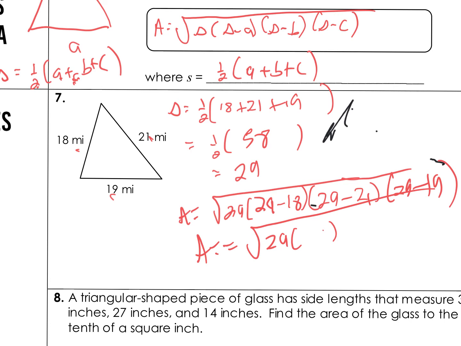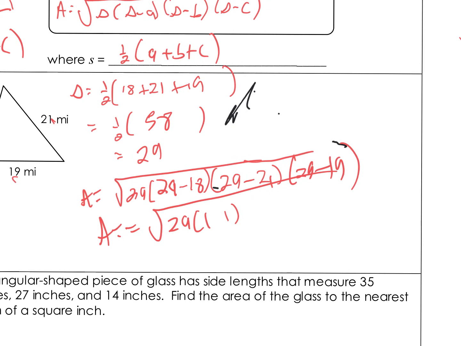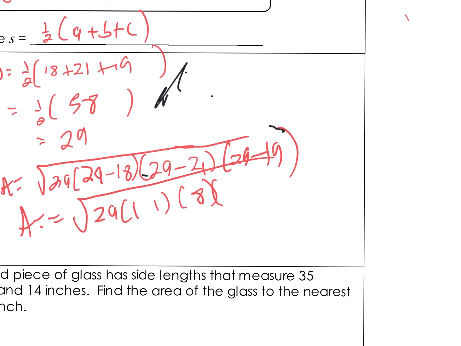And that's an 11, I think. Yeah. 29 minus 21 is 8. 29 minus 19 is 10. And so it's approximate now.